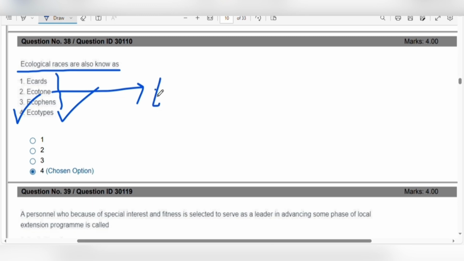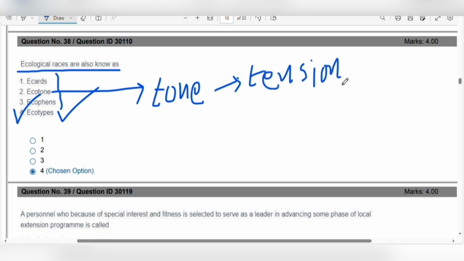You can remember it this way: tone comes from tension. There is an atmosphere of tension between two different communities, so it is a transitional zone between them, that is called ecotone.